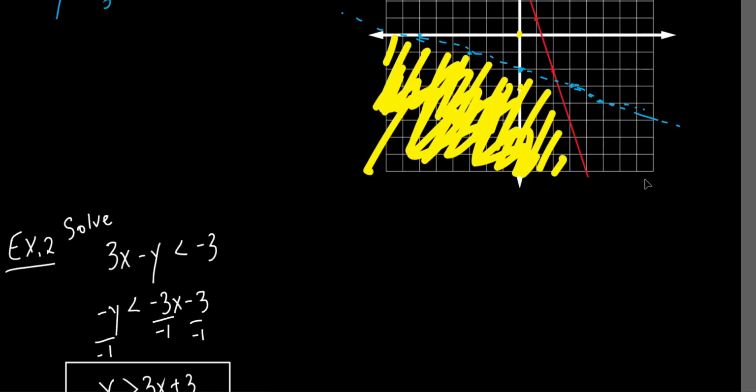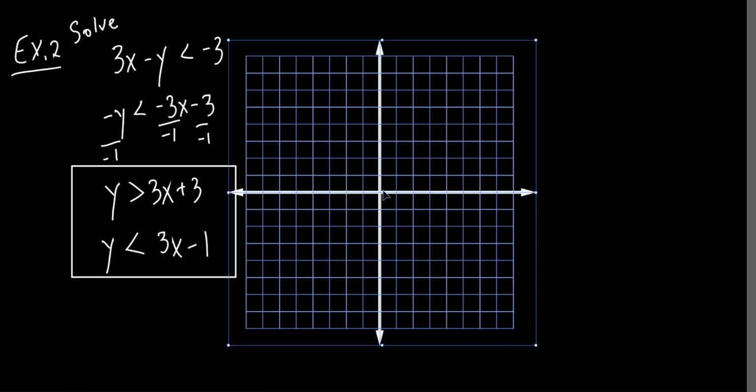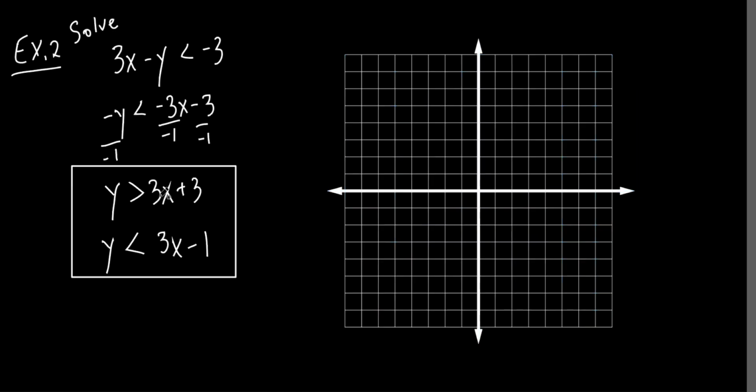Let me grab this graph right here and scooch it over. Let's graph it and take a look at it. All right, y is greater than, let's do this in a different color, plus 3. Slope is 3 over 1.